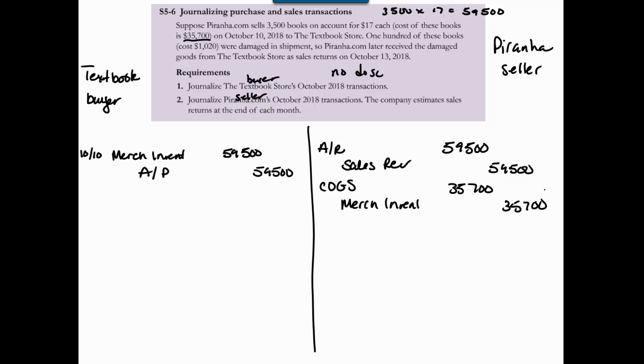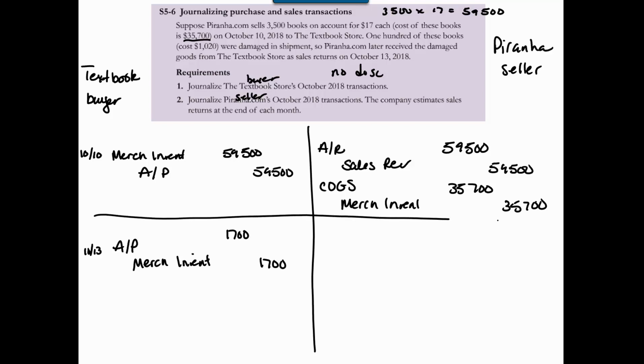And then a couple days later, 3 days later, on 10/13, they return some of it. So for the buyer, if they return it, they will just debit their accounts payable, and they will credit merchandise inventory for the amount that they returned. And they returned 100 books at $17 each, so $1,700.